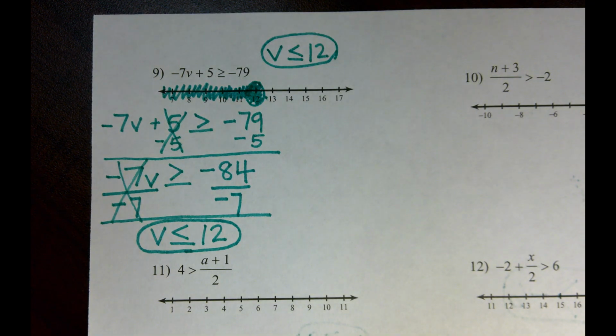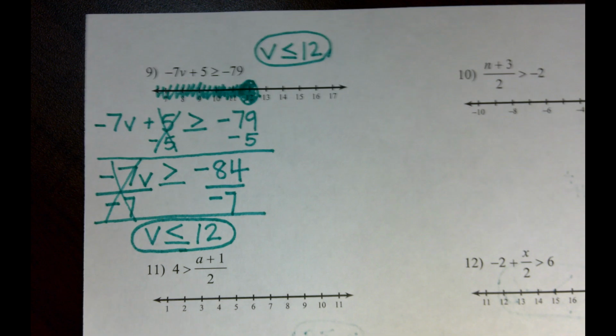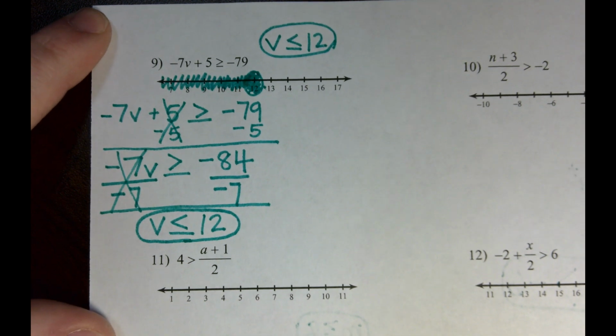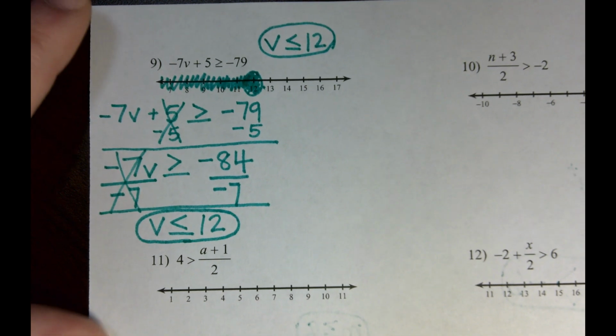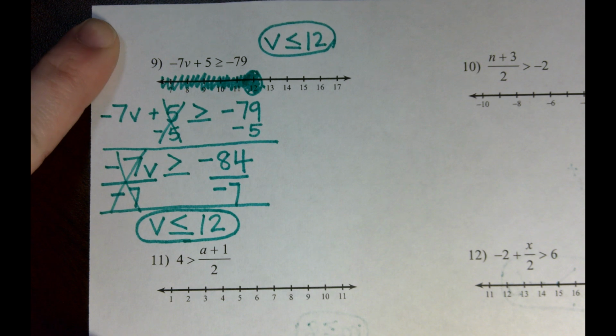Very good. There's another negative one on number 13, I think. Do you guys want to run through one more together? Yeah. Okay, let's do that. Anybody still need this work on number 9? Anyone have questions on number 9 before we go to 13?